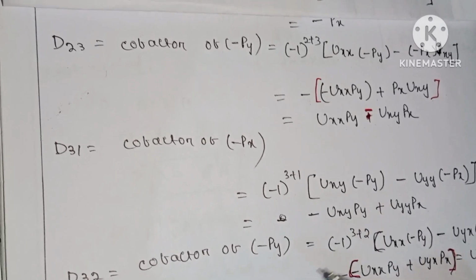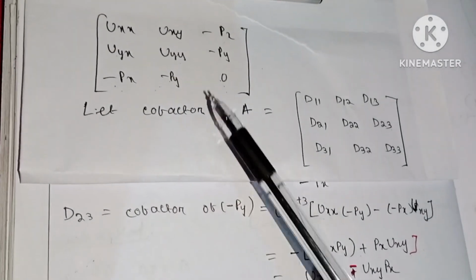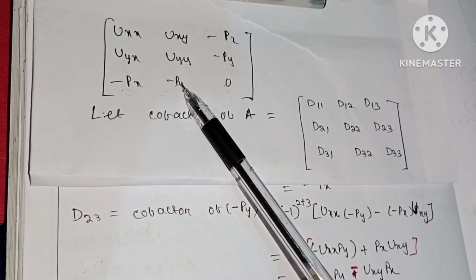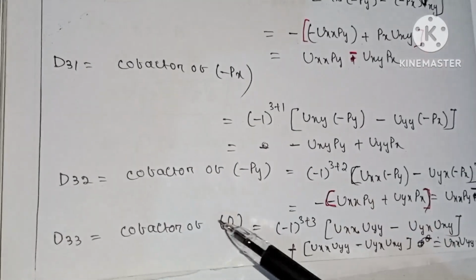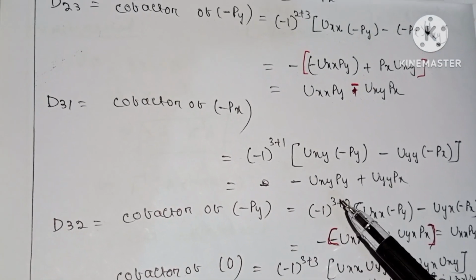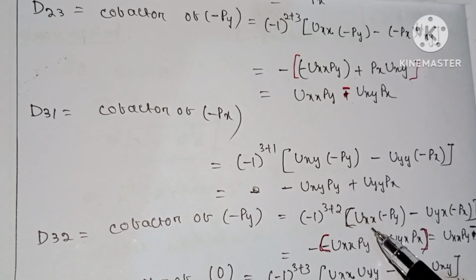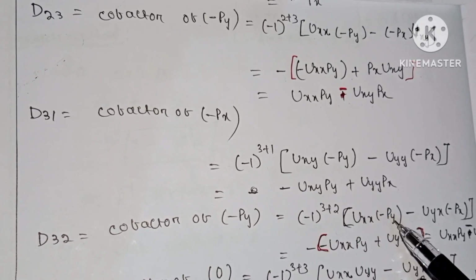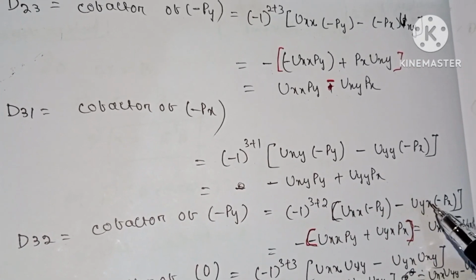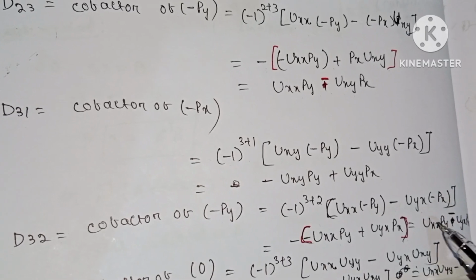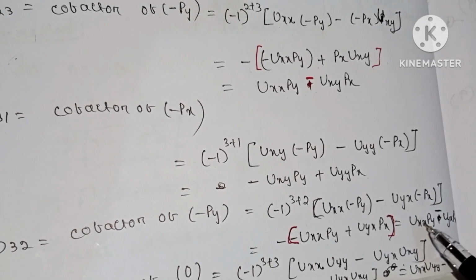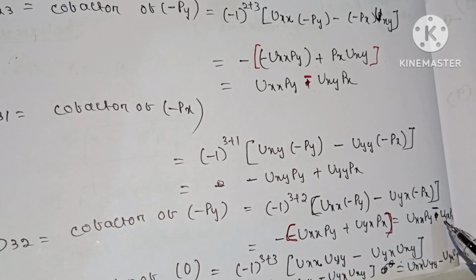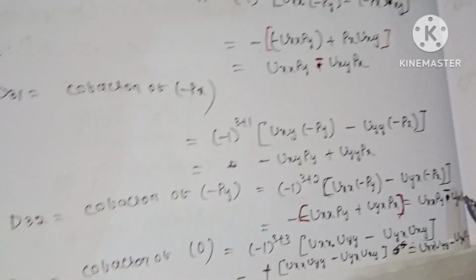The next cofactor, of minus py, equals minus 1 to the power 3 plus 2, into uxx minus py minus uyx minus px. So this is equal to uxx py minus uyx px.